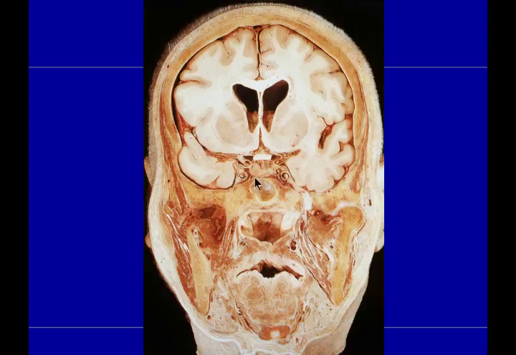Here's the sphenoid sinus just under here. If you approach that under the lip or through the nose, you could just chip away the upper border of the sphenoid sinus and you would be entering into the sella turcica.